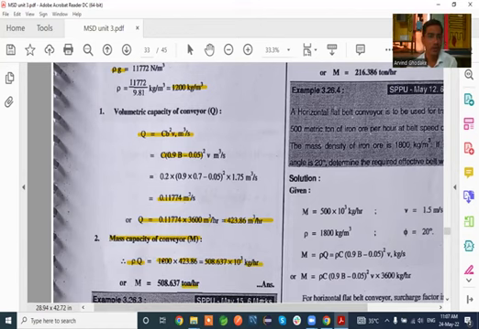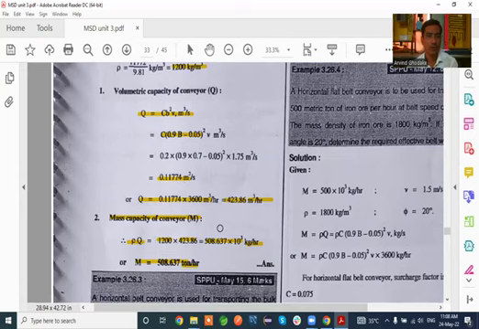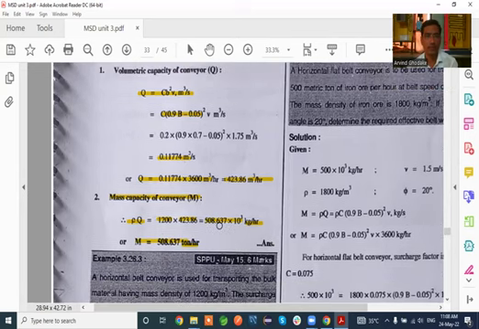Therefore, the final mass capacity of the conveyor for the flat belt conveyor is M is equal to 508.637 tons per hour. So in this way, we can determine the volumetric capacity of the belt conveyor as well as the mass capacity of the belt conveyor.